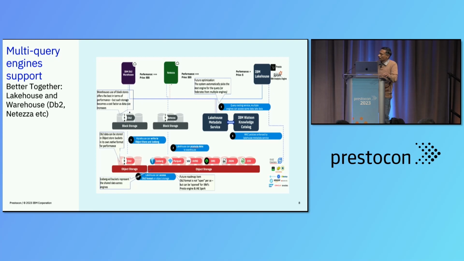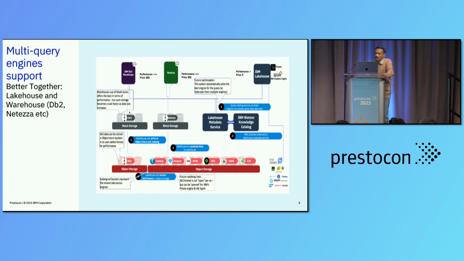This is the same extension of the watsonx multi-query engine support for the Lakehouse, where DB2 and Netezza are both there. Based on the requirements, whether high speed or analytics, they can be used accordingly.